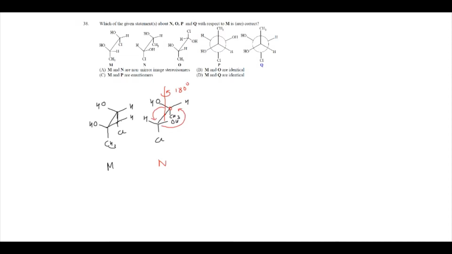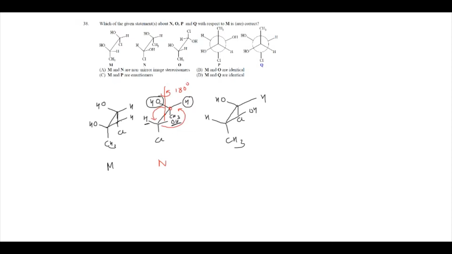So the resulting structure will look like this. So this OH will come over here and this H will come here, and the Cl which was there will come down here, and this H will come here, and this OH will come here, and the CH3 below.